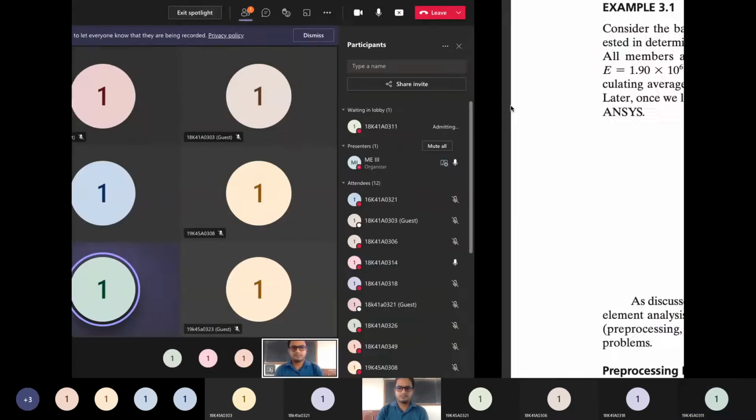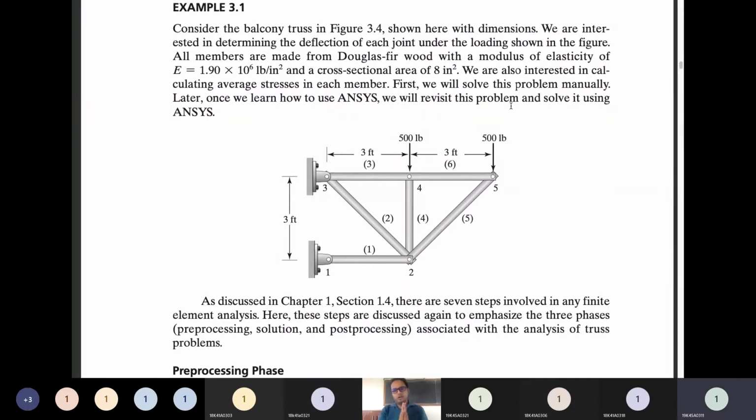2, sir. Yes, for one node you have 2 degrees of freedom. Okay, so for one truss element you will be having 4 degrees of freedom. Here if you see, 5 nodes are there, and on every node we have 2 degrees of freedom.